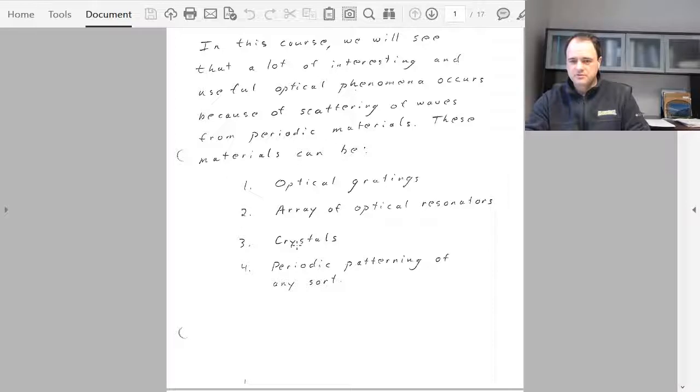Also regular crystals, things that you would typically consider crystals: silicon, diamond, gallium nitride, zinc sulfide, all those different materials.